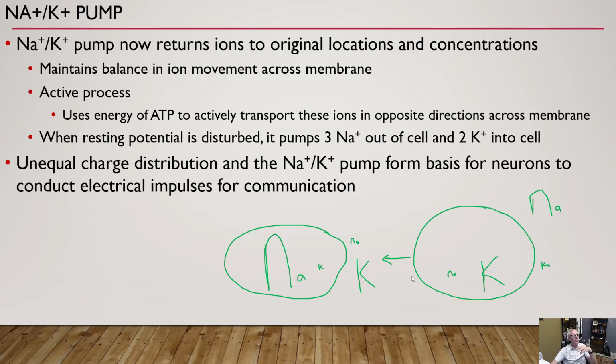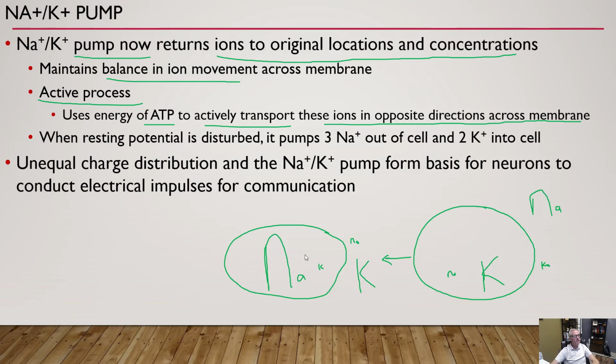So now we have to reset the cell with sodium potassium. We have this thing called the sodium potassium pump that's going to return those ions to their original concentration. So it's going to balance those ions. It's an active process, so it uses ATP to actively transport these ions across that cell membrane.